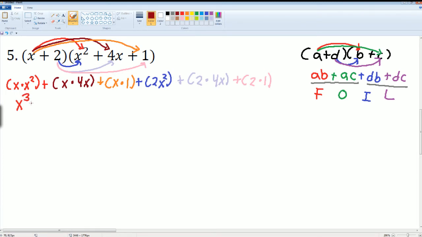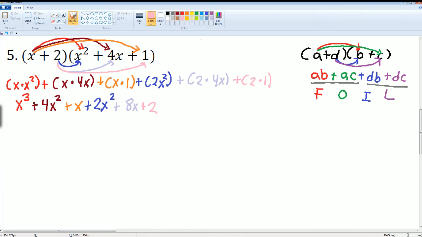Then plus x times 4x becomes 4x to the second power, plus 1 times x is just x, 2 times x squared is just 2x squared, plus 2 times 4x is just 8x, plus 2 times 1 is just 2.